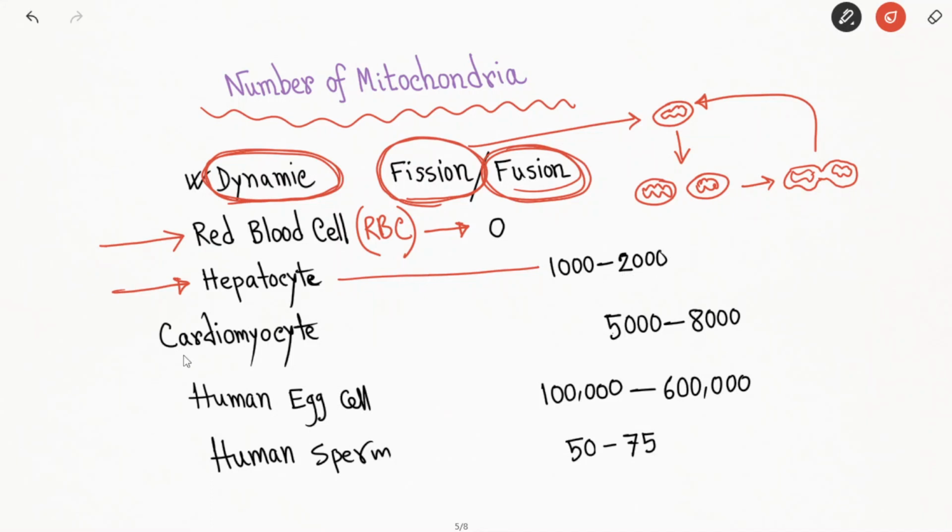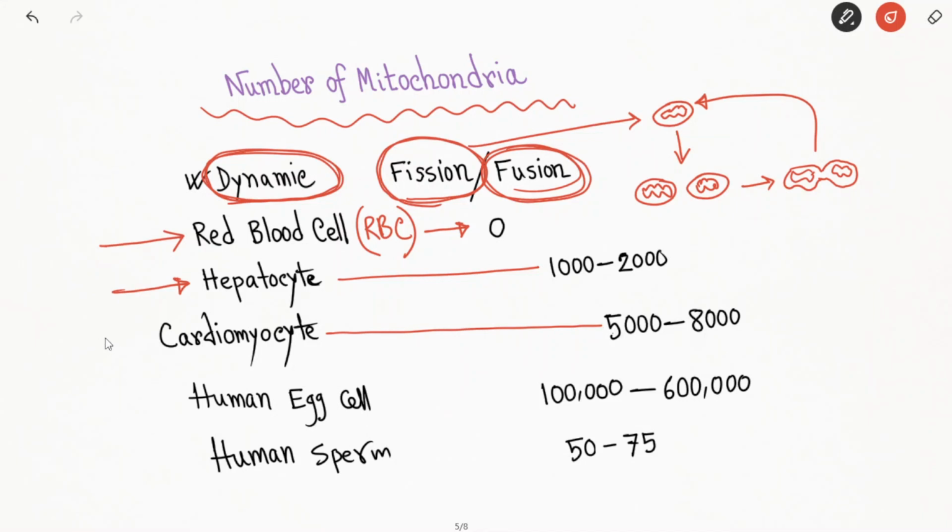And the heart muscles, the heart pumps blood all the time, so it is working 24 by 7, right? Cardiomyocytes, or the heart muscle cells, need a lot of energy, so they need more mitochondria to generate more energy. Their mitochondria numbers in cardiomyocytes can be like 5,000 to 8,000.